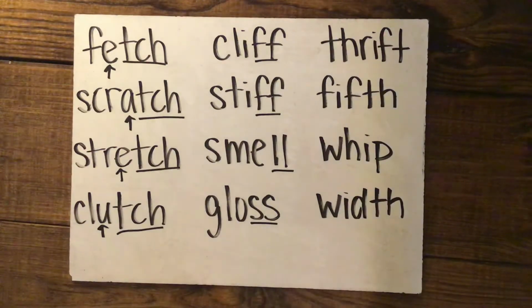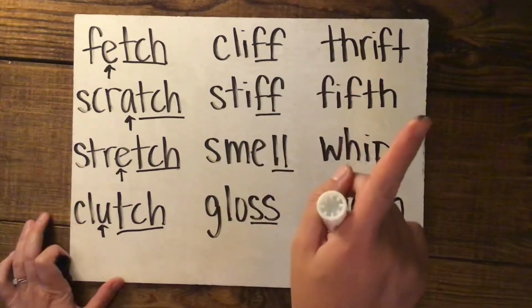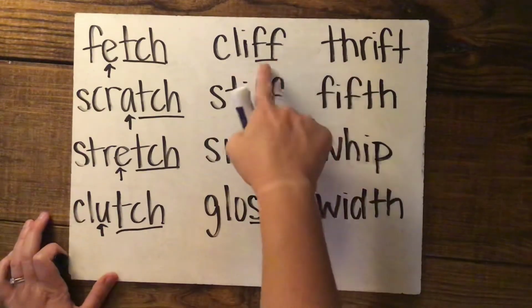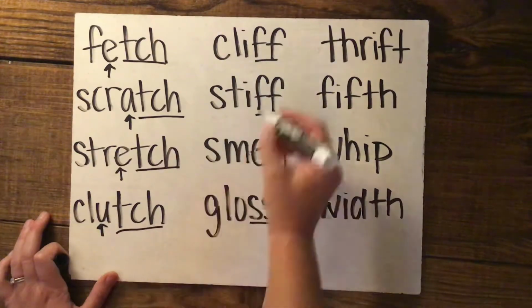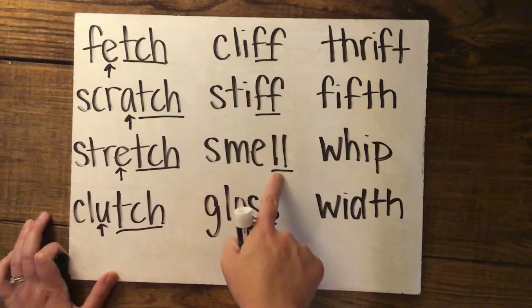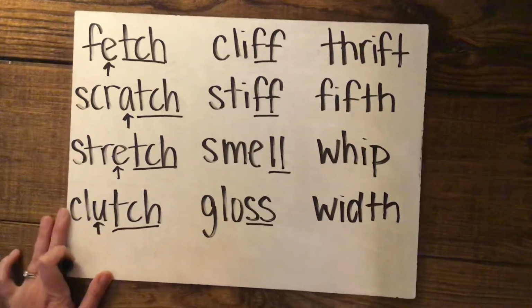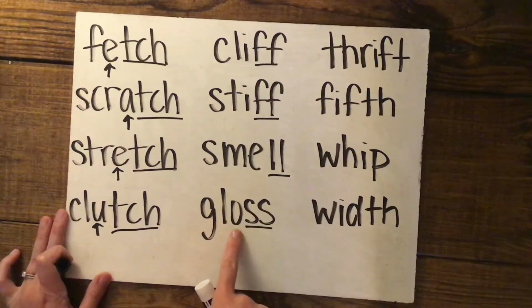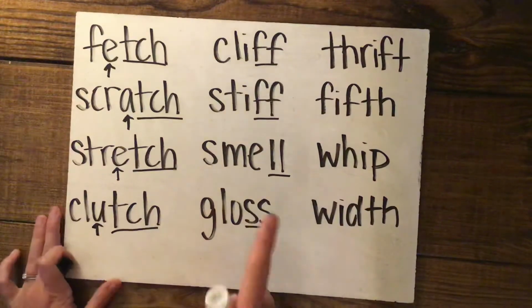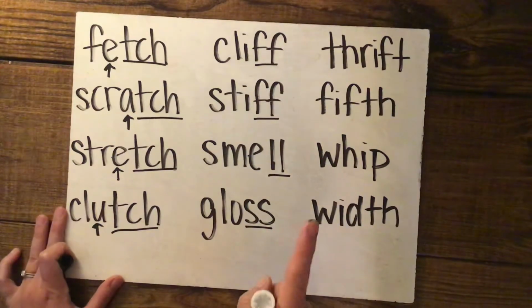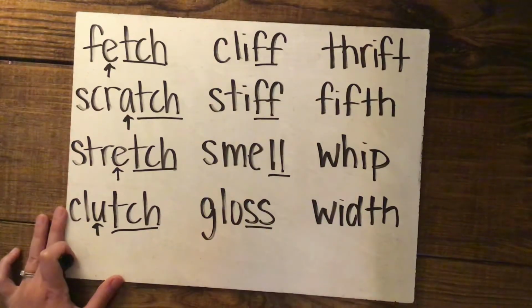Now in that rule, it says that those double consonants follow a short vowel sound. So at the end of a one-syllable word after one short vowel, F is spelled FF. Same for LL, and S is spelled SS.